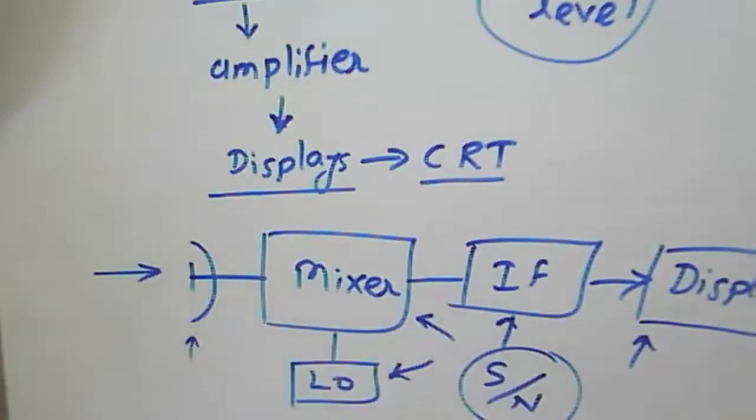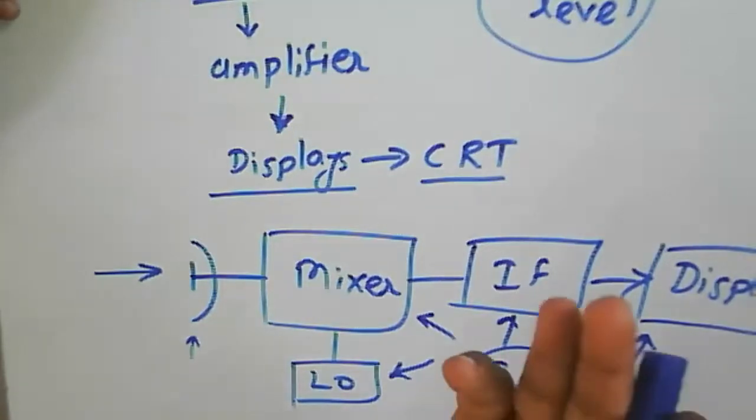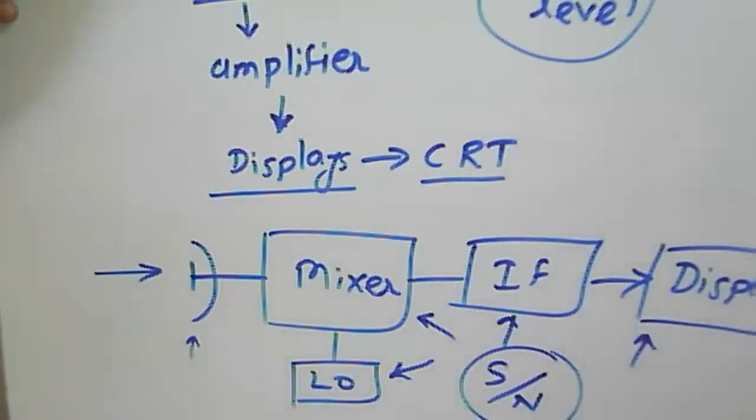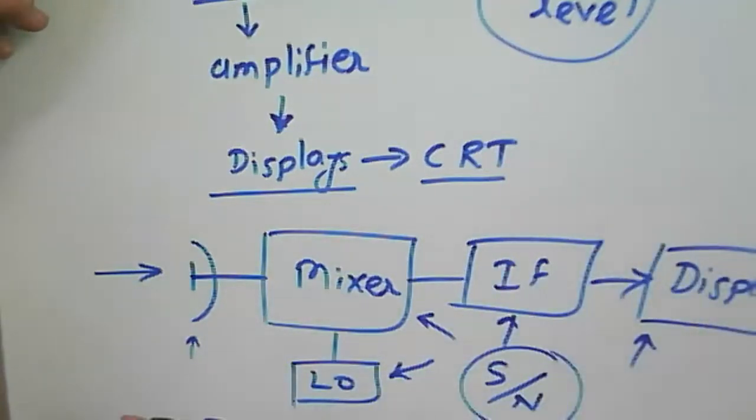Now we need to design a receiver so that it will provide a maximum signal to noise ratio. For the maximum signal to noise ratio, we need to suppress the noise so that the signal to noise ratio will be increased. So how to increase the signal to noise ratio? We need to consider a matched filter so that the signal to noise ratio will be improved. And then we need to use a device.